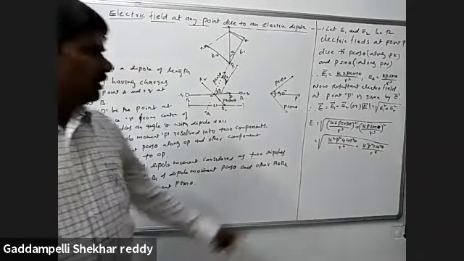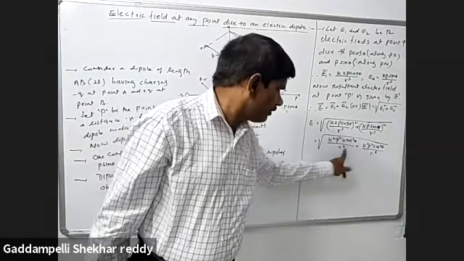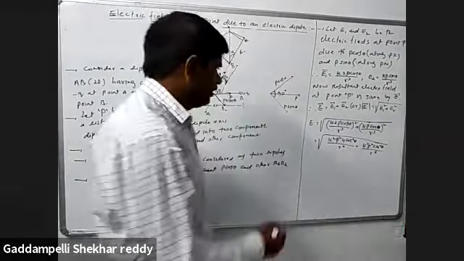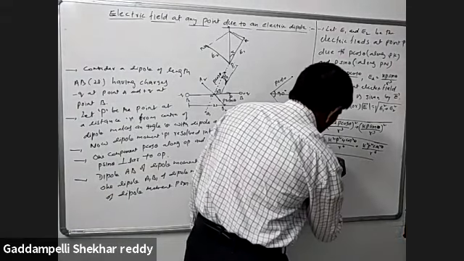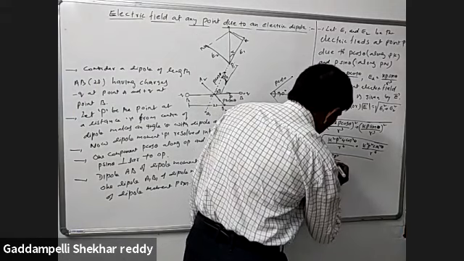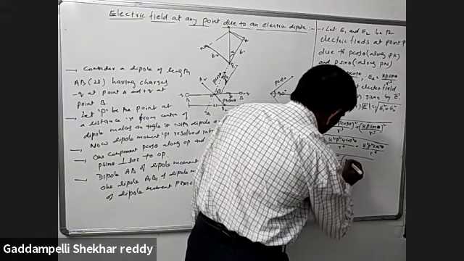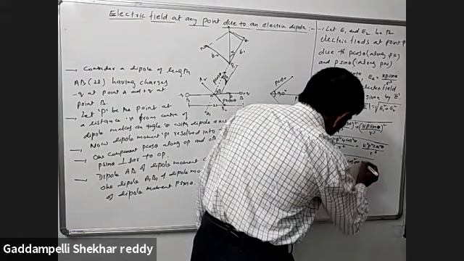The common factor is K square P square by R power 6, with the bracket remaining 4 cos square theta plus sin square theta.